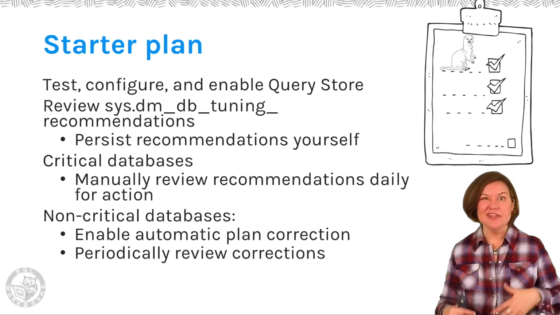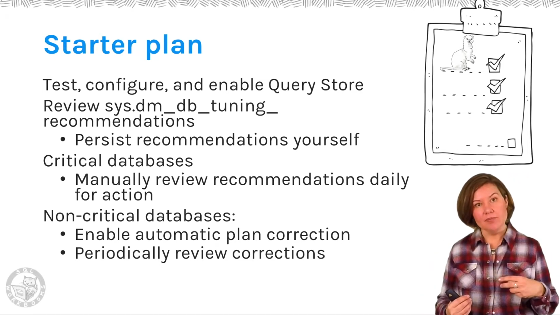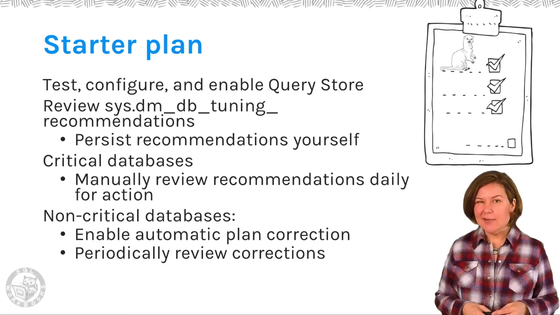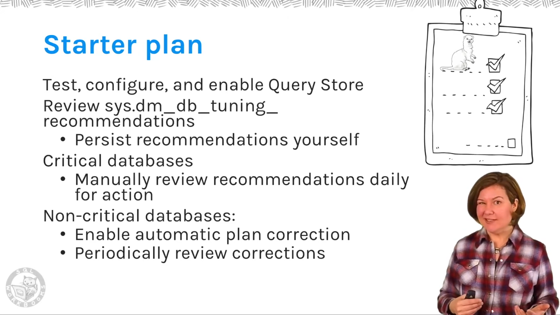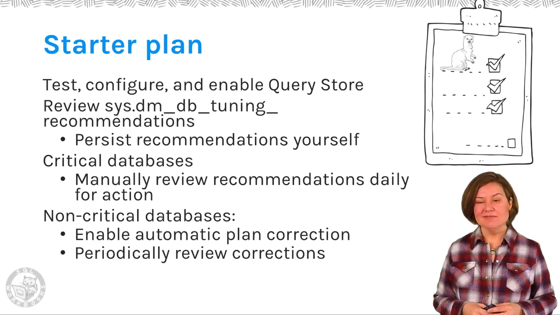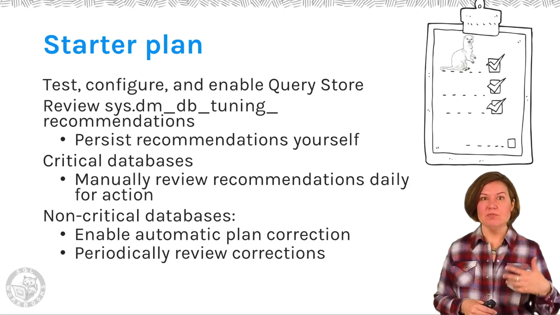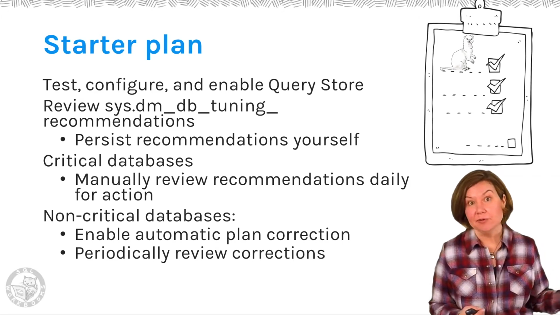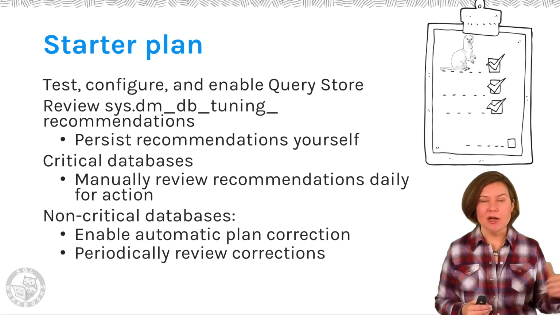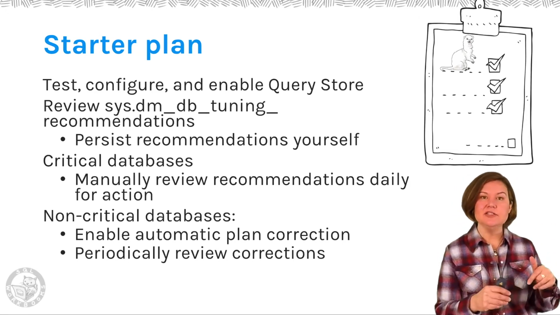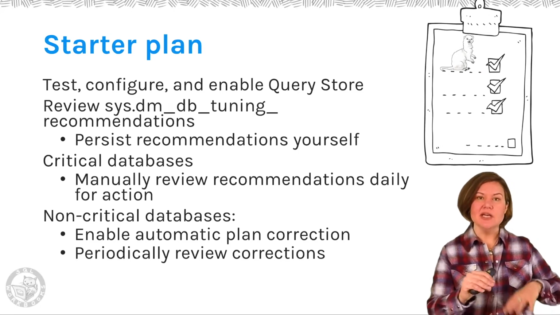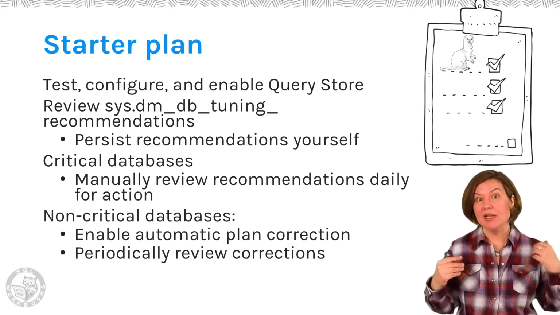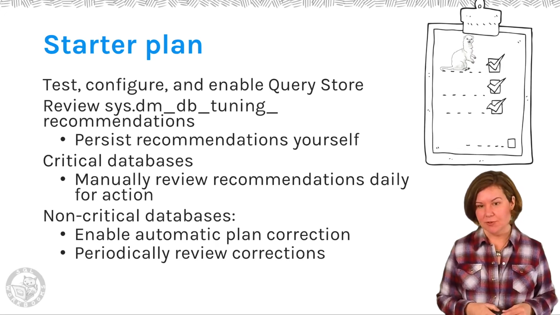Because as you saw, things can be fast, things can be slow. But for less critical databases, if I have Enterprise Edition and it's a less critical database, I am going to be much more open to just saying, yeah, auto-tune some stuff, and I'll come around and periodically review it. I'm not going to look at it every day, but I'll periodically review it and see, okay, this stuff is being auto-tuned. I want to make a change to stabilize it so that it doesn't have to be auto-tuned.